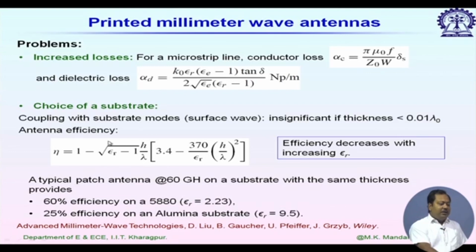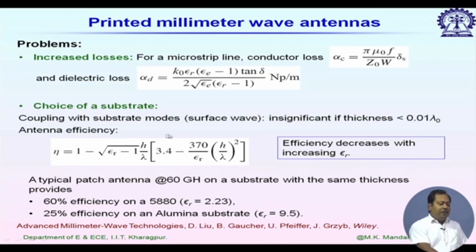Antenna efficiency, considering the effect of surface wave, can be given by eta equal to 1 minus square root of epsilon r minus 1 into h by lambda, where h represents the thickness of the substrate. You see it is a function of h by lambda, so thickness with respect to the wavelength or operating frequency, and one more epsilon r term is here.